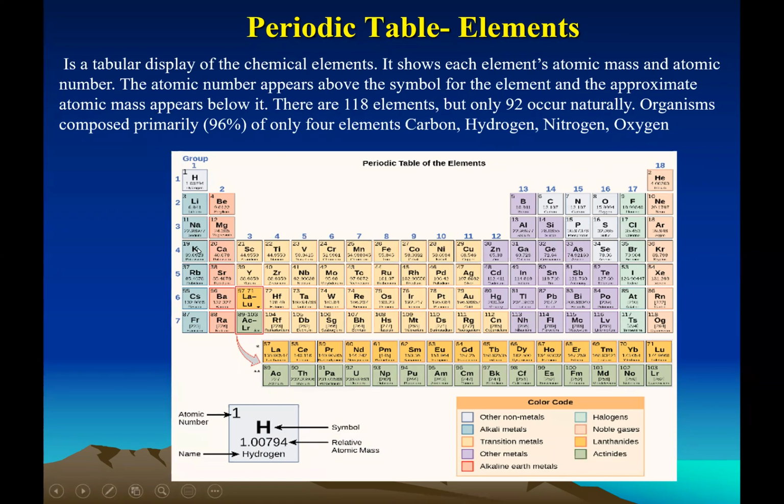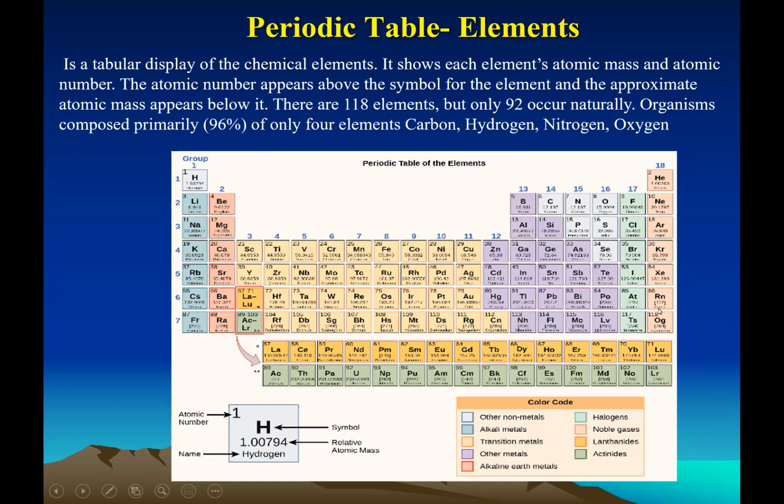And here they are. There are groups, and columns here, which are called periods. If you study the key at the bottom, it shows the pale blue are nonmetals, the green would be alkalis, and then there are transition metals, halogens, noble gases, actinides, and so forth.